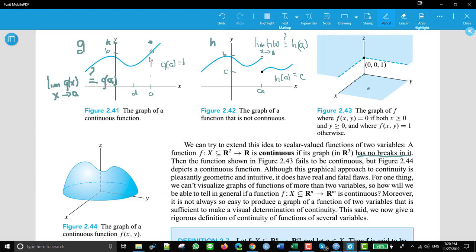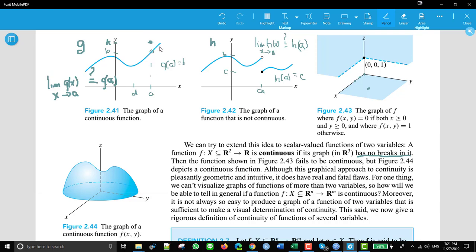So even when the limit exists doesn't mean that the function is continuous. The limit has to exist. Here it didn't even exist, so that's not continuous. But even with this new picture, the limit exists, but it's not equal to the actual value at the point. So in that case also we wouldn't call it continuous. We would not want to call this continuous at a because it jumps up here.